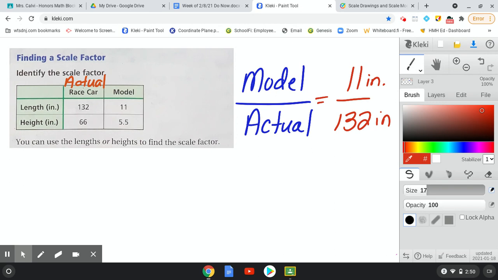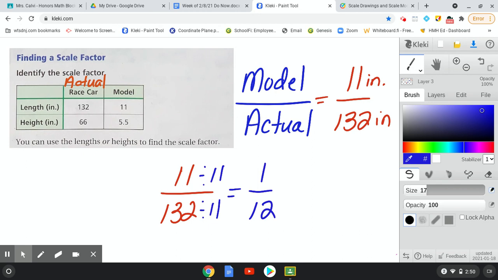We would simplify 11 over 132 all the way down, simplifying it as far as we can go. This is where knowing your facts comes in handy. We know that these are both divisible by 11, and that would give us 1/12. So here, the scale factor is 1/12, all right?